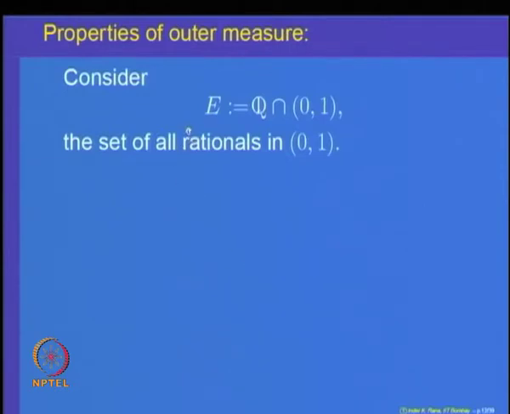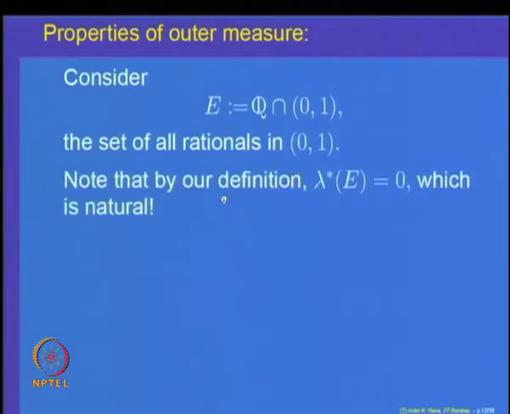So, let us look at the set E. The case is the real line. We will look at the set E, which is the rationals intersected with [0, 1]. So, we are looking at all the rationals in the interval [0, 1]. Clearly, lambda star of E we expect to be equal to 0. Why do we expect this?